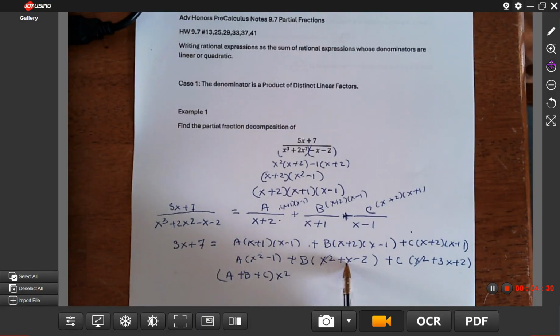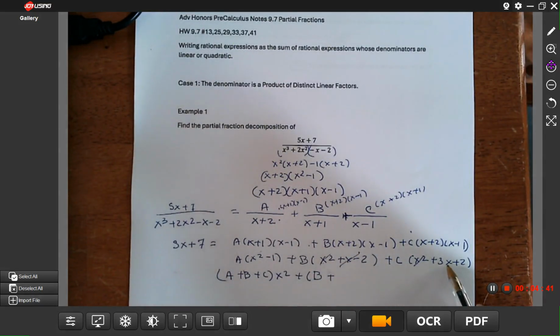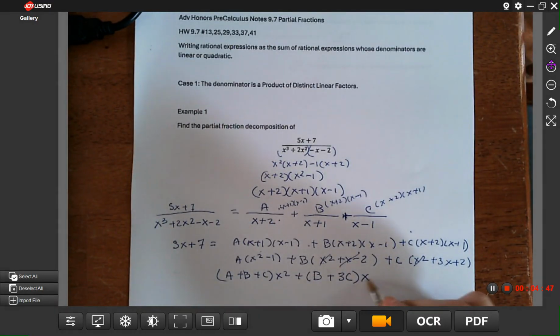And then let's see what I have for the coefficients of x. So there's no x term here, there is an x term here. So I have b, times 1, right? So b, and then there's 3x, so c times 3, so 3c. So that's my x terms.